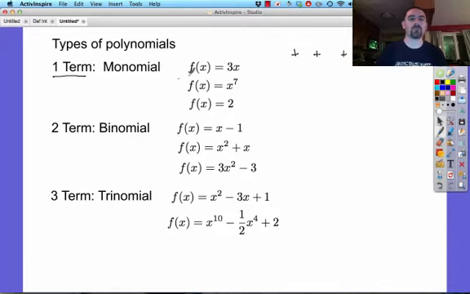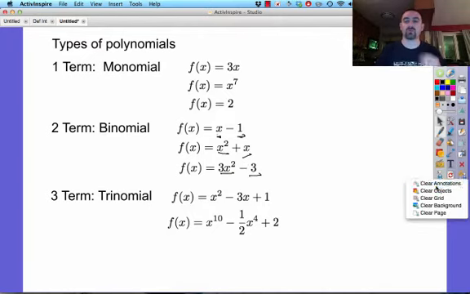So, for instance, a monomial, mono, right, is one term. There is no plus or minus in a monomial. It's just one thing. Okay? A binomial has one plus or minus in it, right? x minus 1. x squared plus x. 3x squared minus 3. Okay, so a binomial has 2.